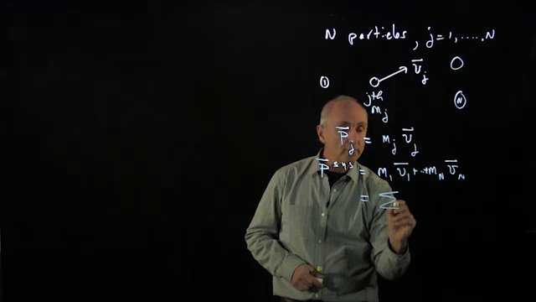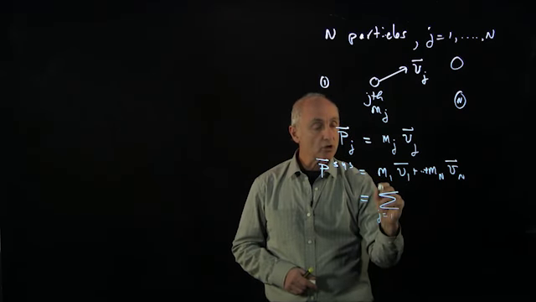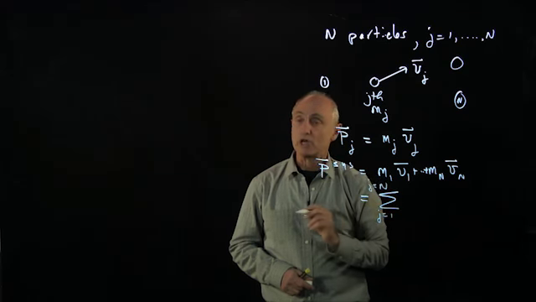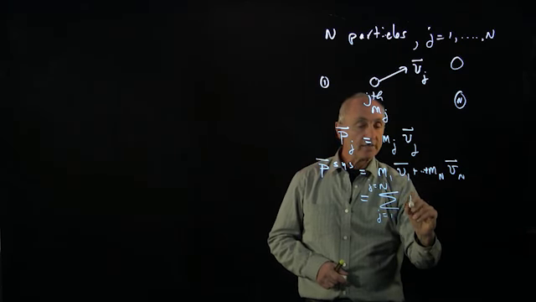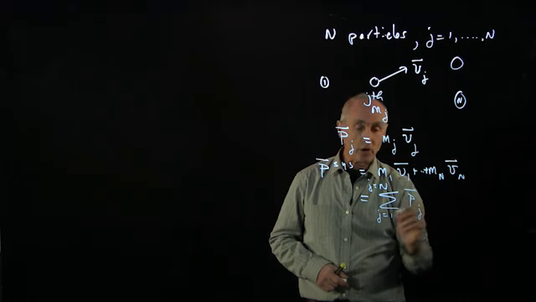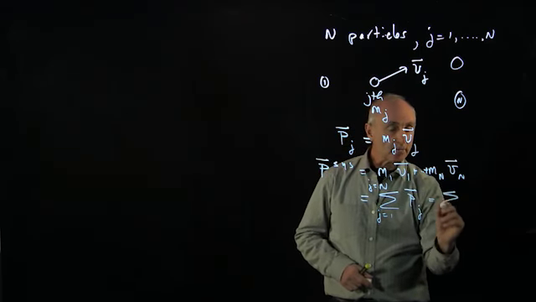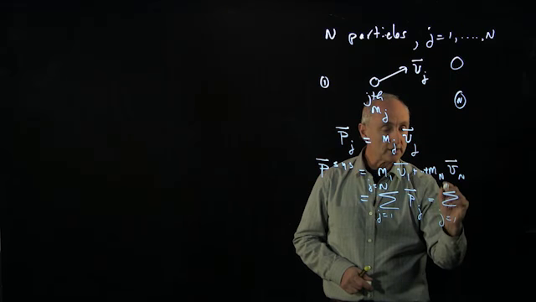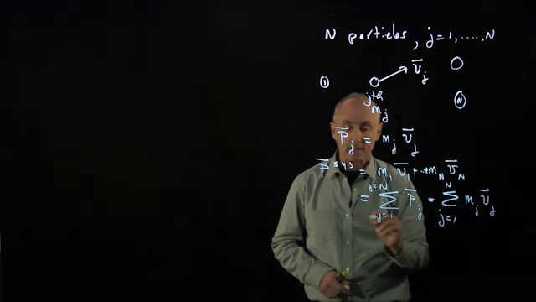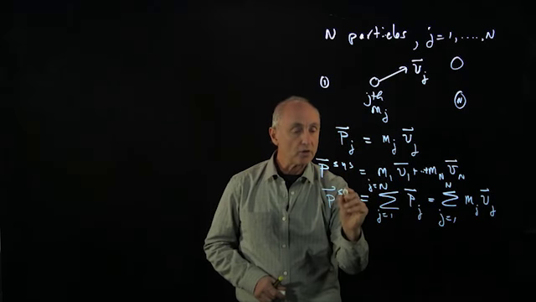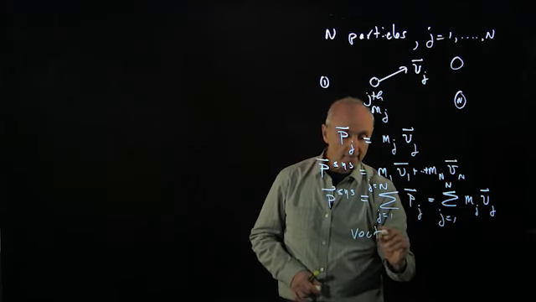We'll do the sum, this capital sigma sign, of j goes from 1 to n, of the momentum of the jth particle. And that represents the sum, j goes from 1 to n, of mj vj. And this is what we call the momentum of the system. This is a vector sum.